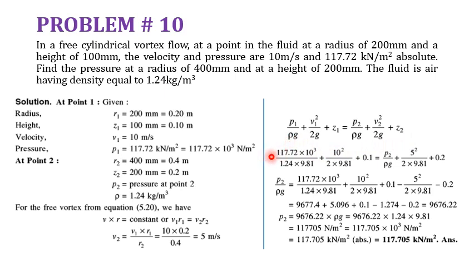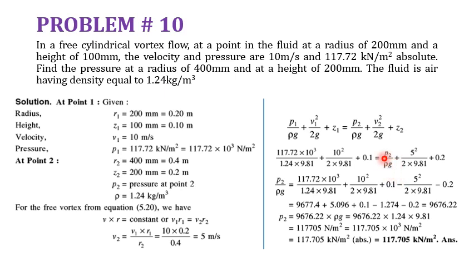So P1 is 117.72 into 10 to the power 3 divided by the density 1.24 into g value 9.81 plus the velocity V1 is 10 meter per second, so 10 square over 2 into 9.81 plus Z1 is 0.1. This is equal to P2 pressure, which is to be calculated.